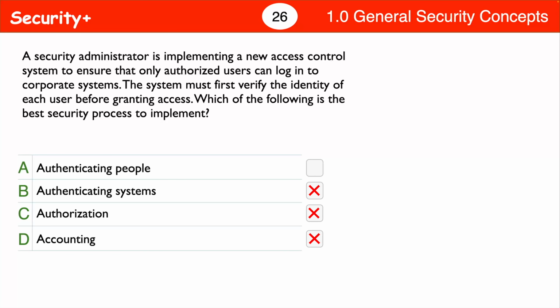Authorization determines what actions or resources a user is allowed to access. Just to let you know, the scenario is looking for authentication, not authorization. That leaves us with the answer, which is A, authenticating people. That refers to the process of verifying a user's identity using credentials such as passwords, biometrics, or MFA.